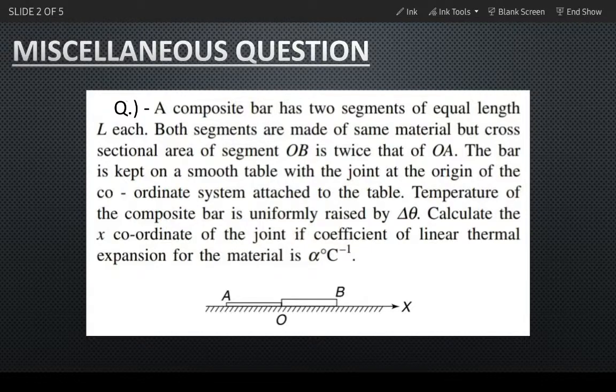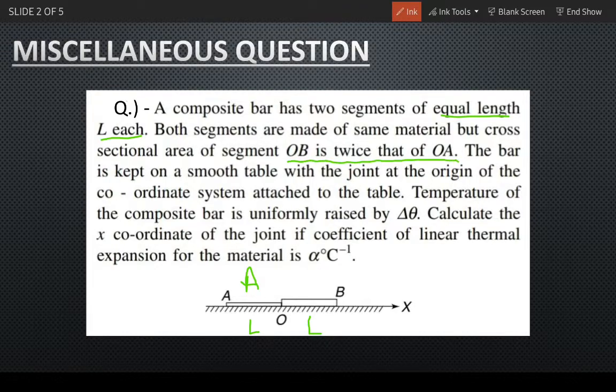Okay, so writing the facts about the question, we are given that both the rods have length L each. Area of cross section of rod OA be assumed as A, and it is given over here that cross sectional area of segment OB is twice that of OA.